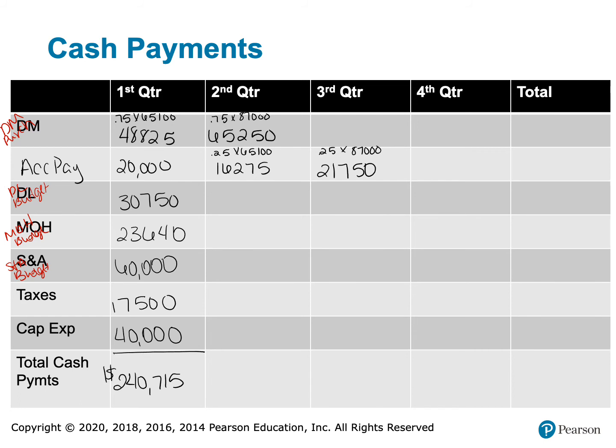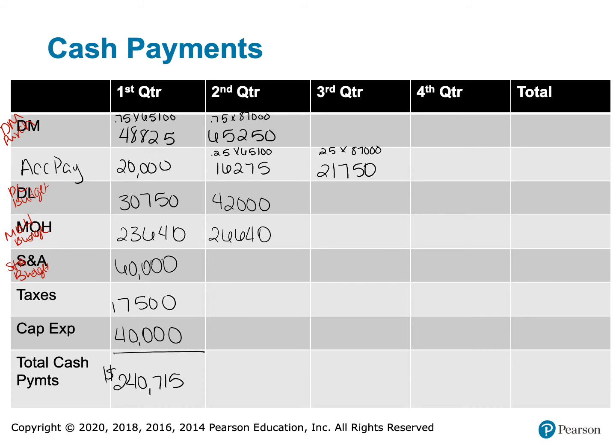When I look at my direct labor budget, I see that labor for quarter 2 is expected to be $42,000. When I look at my overhead budget, I see that overhead for quarter 2 is 38,640, but I'm going to subtract out that 12,000 of depreciation costs, so that leaves me 26,640.